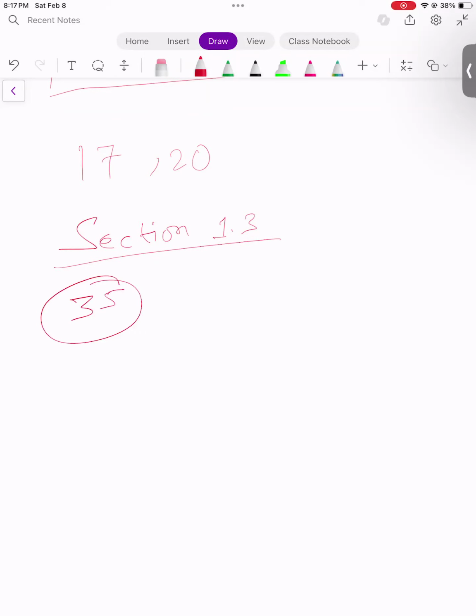So 35, we have a complex number. They use x to represent that complex number. We have negative root 2 plus i, and the next number they use y to represent, oh, this is not a complex number, this is a real number.